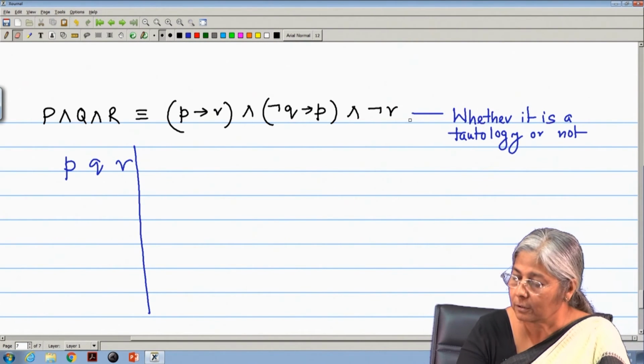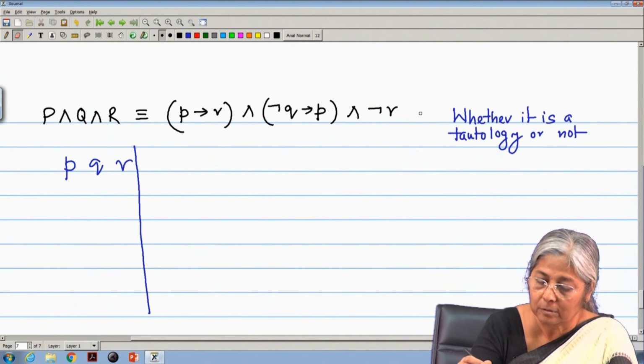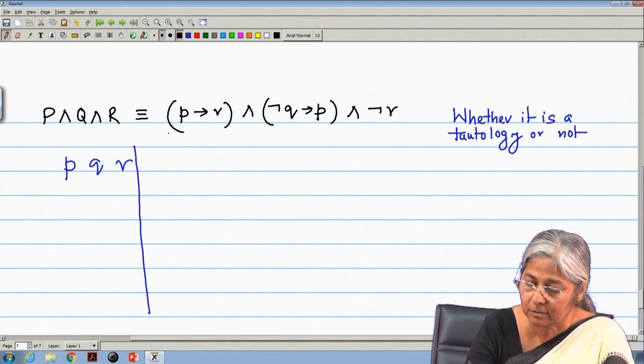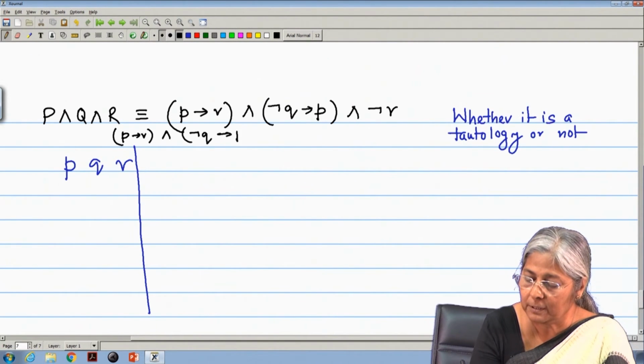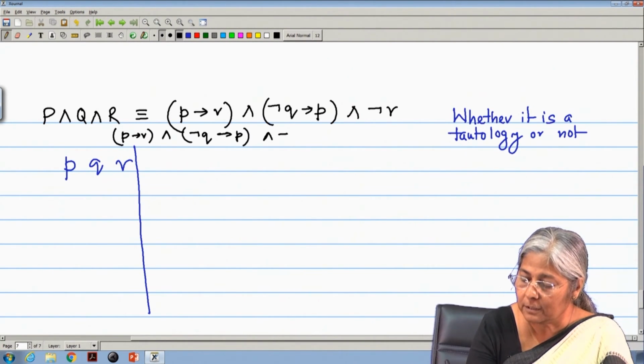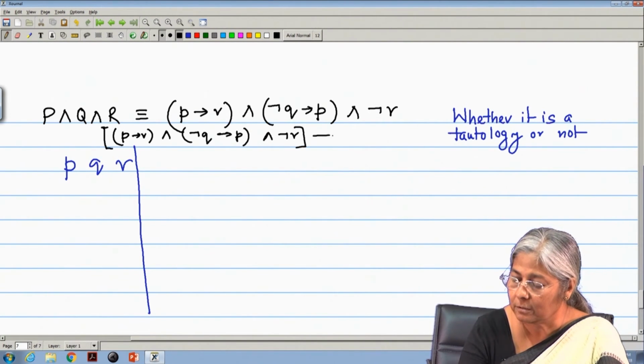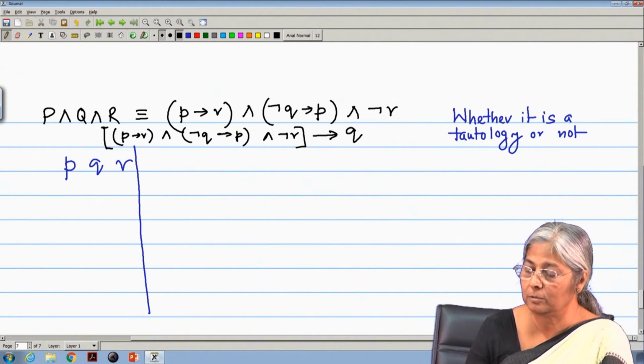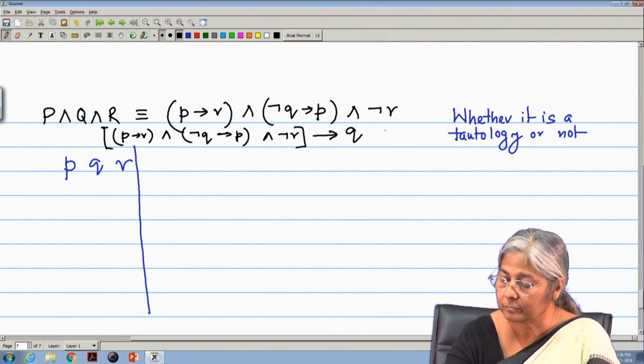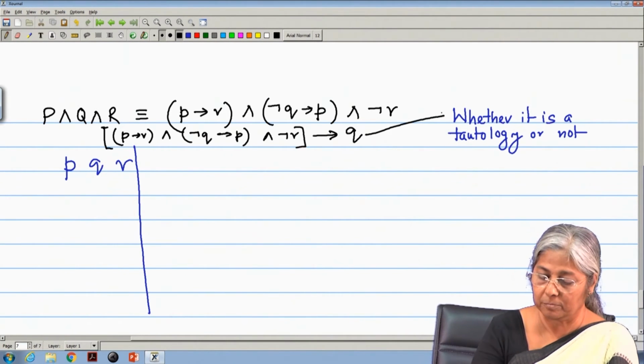We can write that P implies R and negation Q implies P and negation R, whether this implies Q. This we have to check.